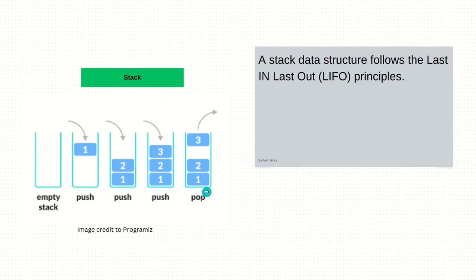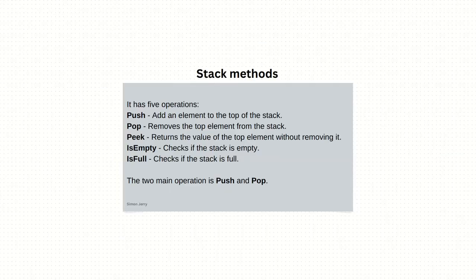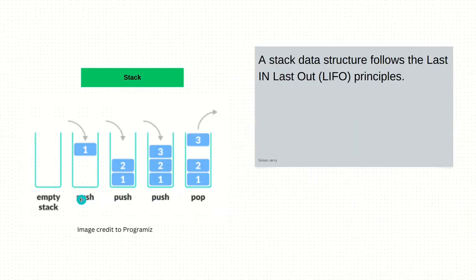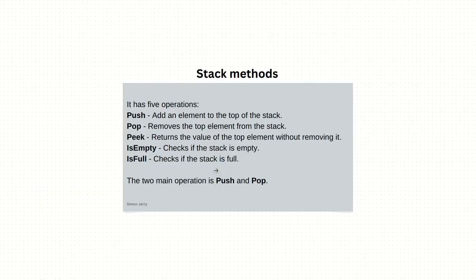When you remove an item from the container, this is called pop. A stack has 5 operations. However, it only has 2 main operations, which are push and pop, just as you've seen here. Only 2 operations take place here, the push and the pop, which is add and remove item.